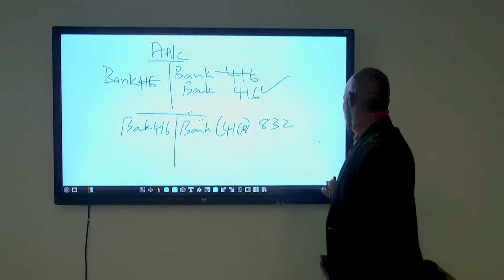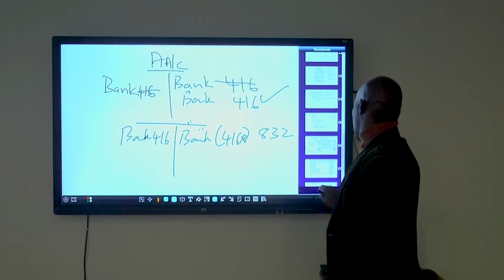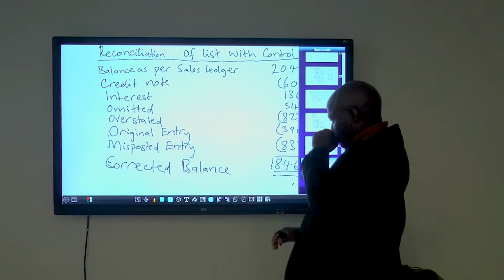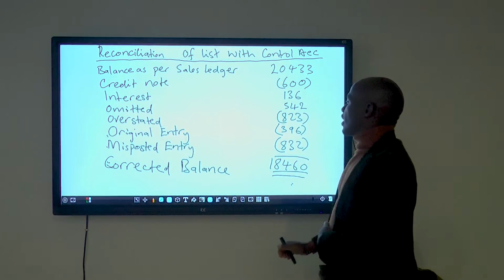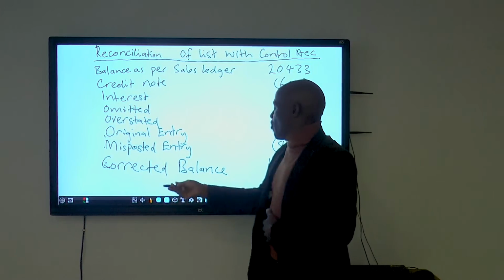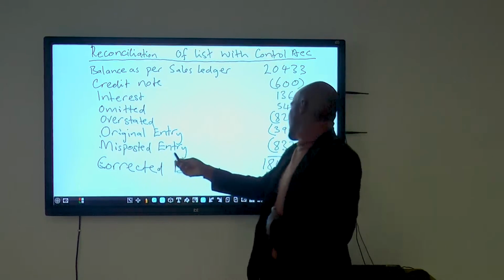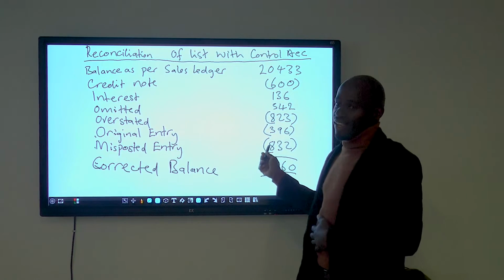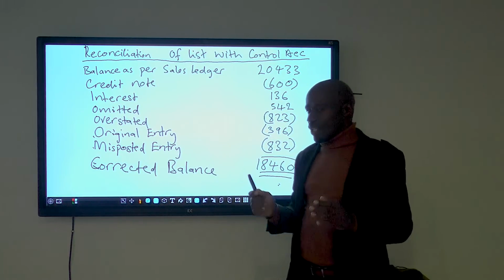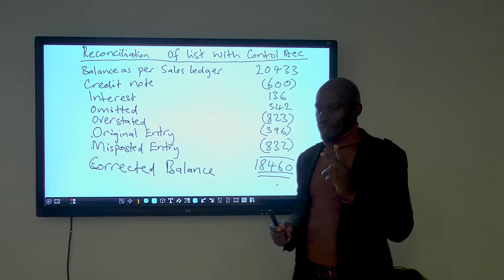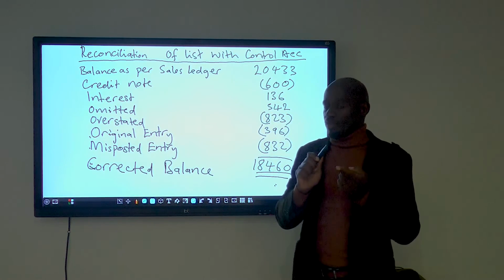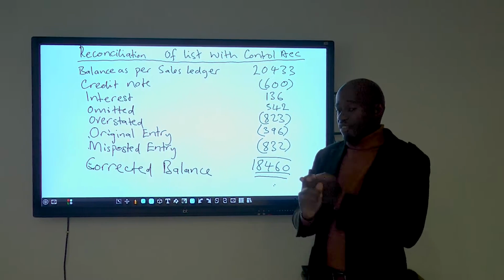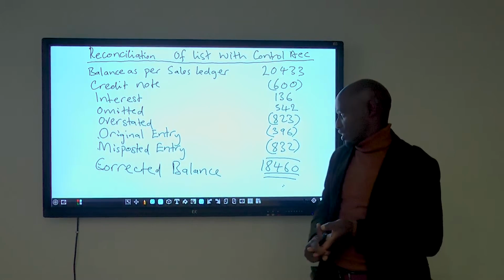Now, if we go back to our solution, you realize that a misposted entry of 832 is serving to correct two scenarios. One, to cancel out the misposting. Two, to make the correct entry, as I've shown on those ledger accounts.